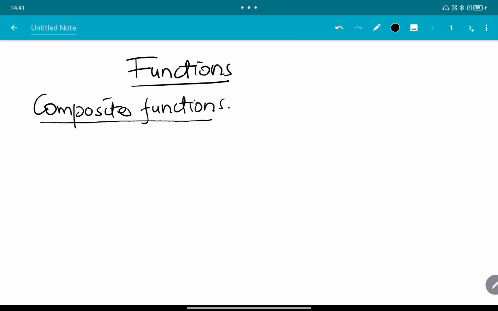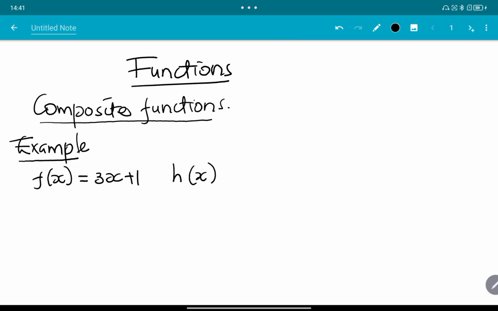Okay, let's have a look at an example. How do we handle composite functions? So we have the following functions. f of x is the same as 3x plus 1, and h of x is equal to 6x squared.